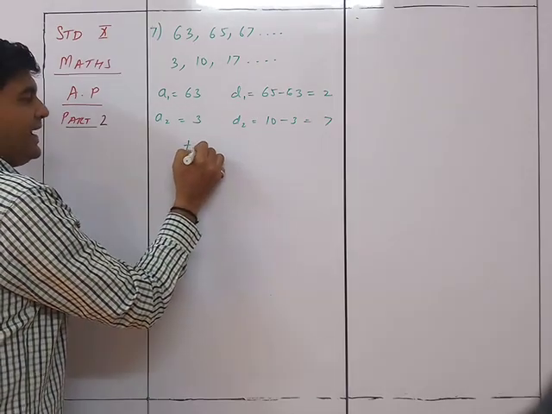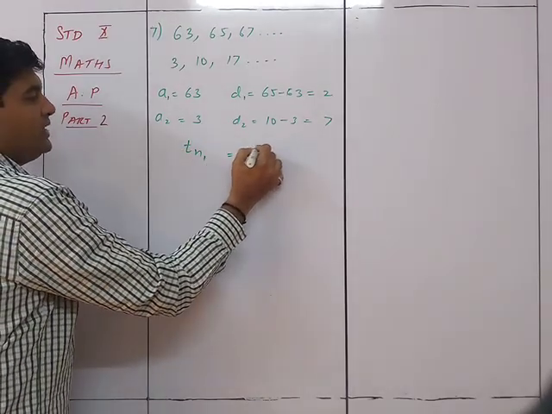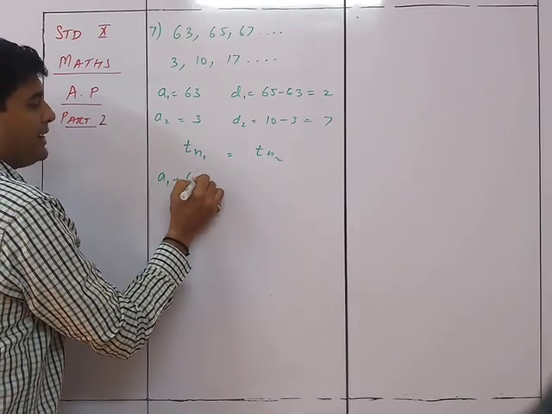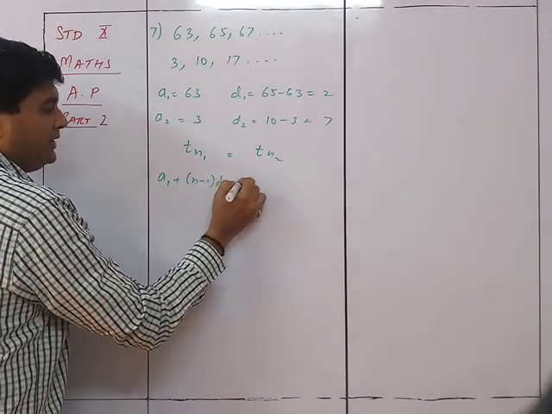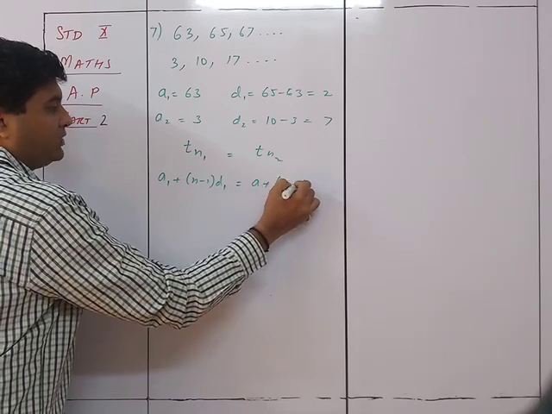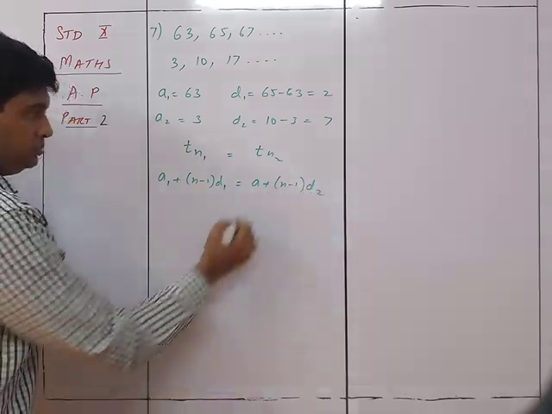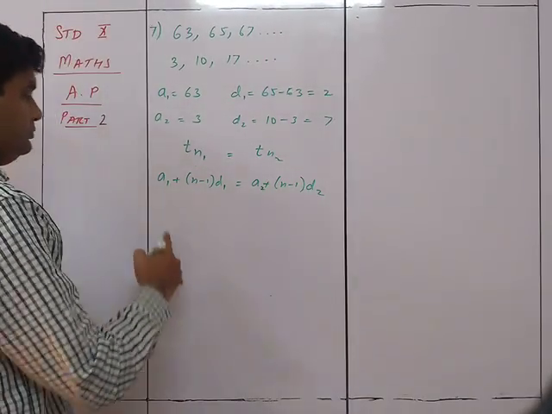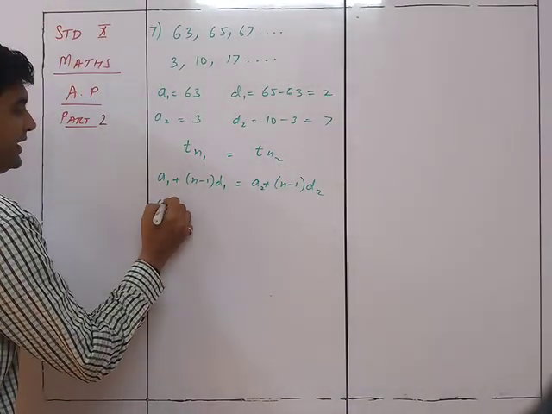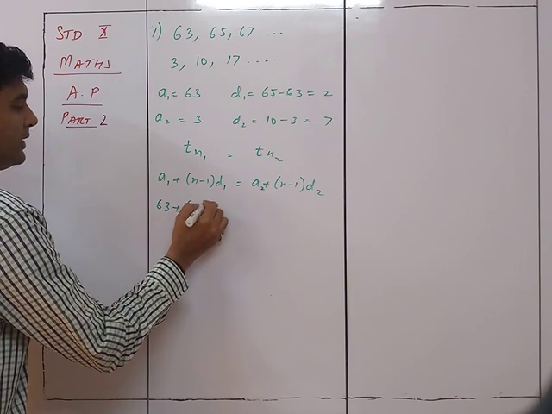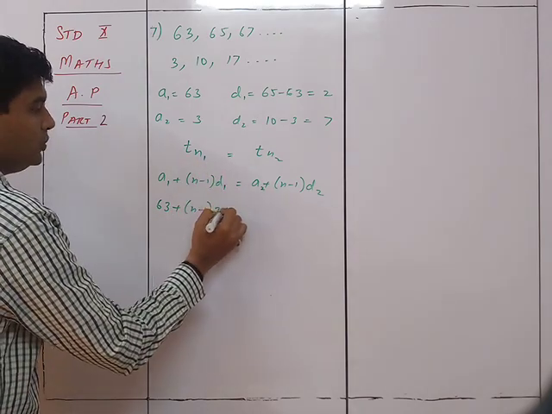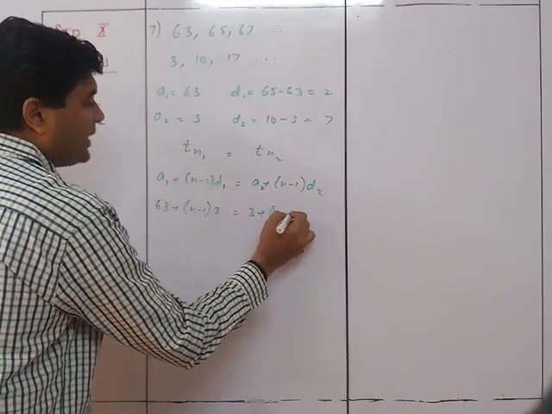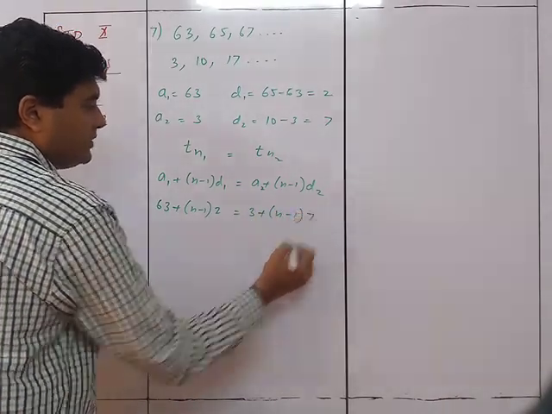You want Tn1 to be equal to Tn2. So that means A1 plus n minus 1 into D1 equals A2 plus n minus 1 into D2, where n is the same number. 63 plus n minus 1 into 2 equals 3 plus n minus 1 into 7.